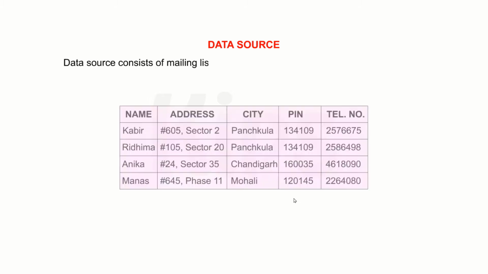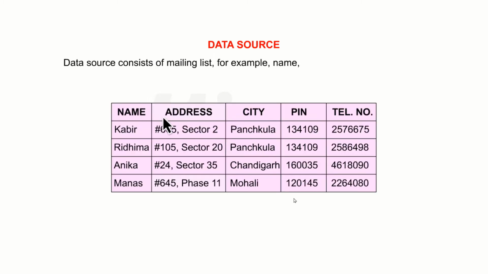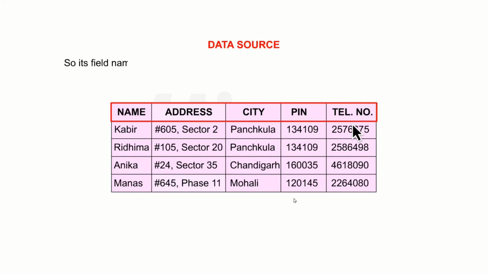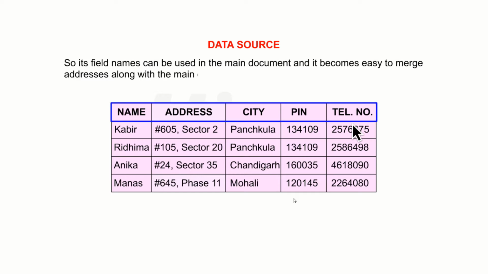A data source consists of a mailing list, for example, name, address, city, PIN, telephone number, etc. The data is organized in tabular form along with field names. The data source is associated with the main document, so its field names can be used in the main document, and it becomes easy to merge addresses along with the main document.